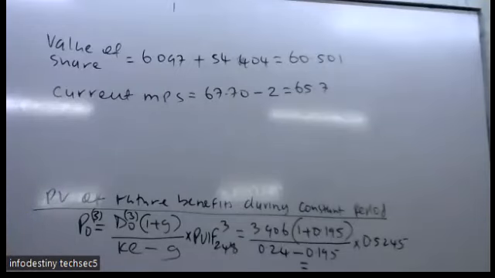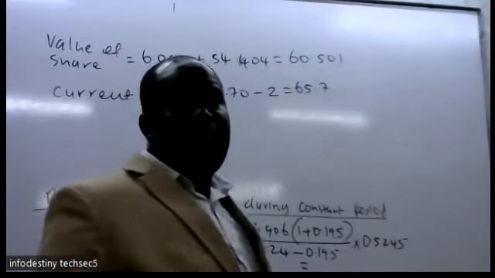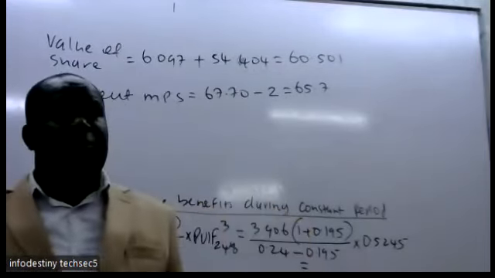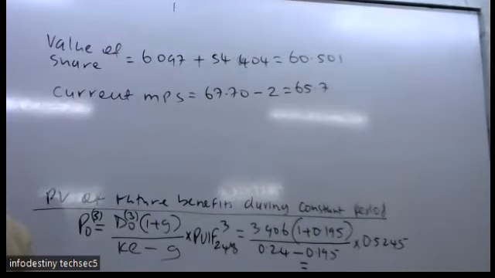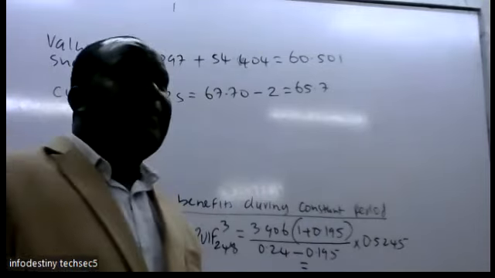Then for Roman letter 2, they were asked to advise whether to buy the share. You should not buy, because in the stock market it is selling at 65, but the true value is 60. So the investor should not buy the share, because it will lead to a capital loss.